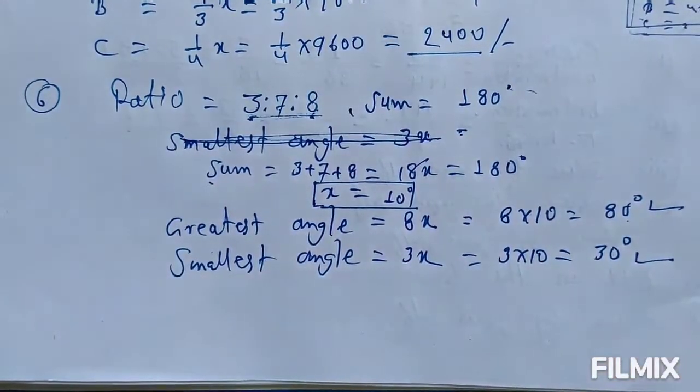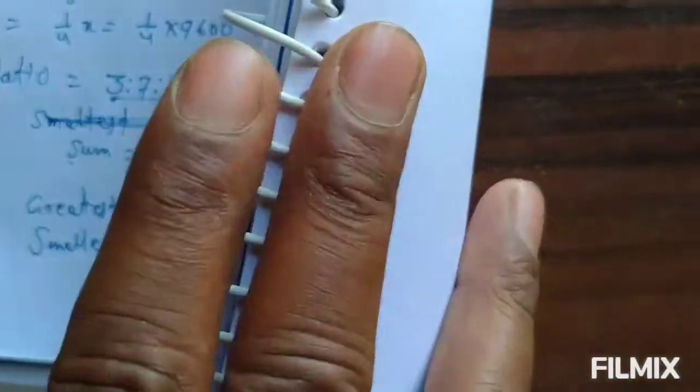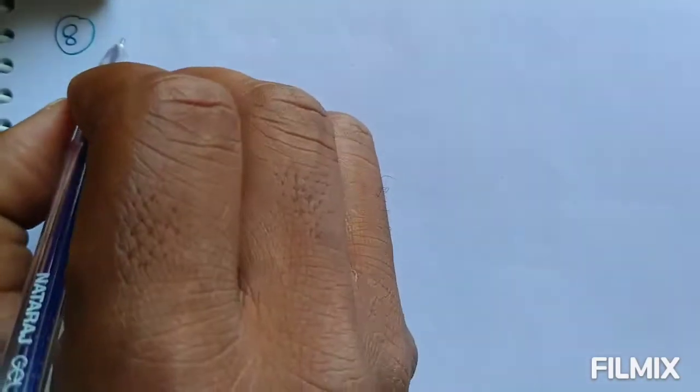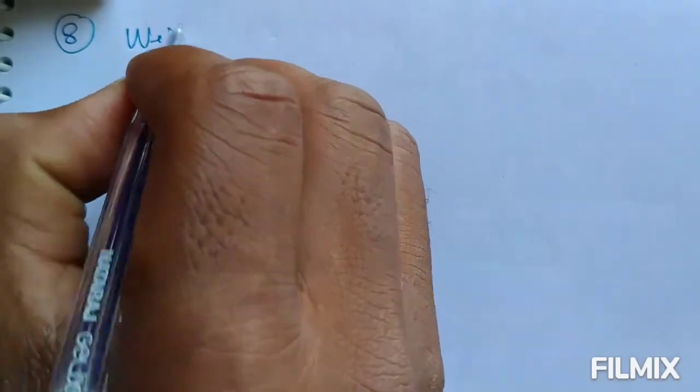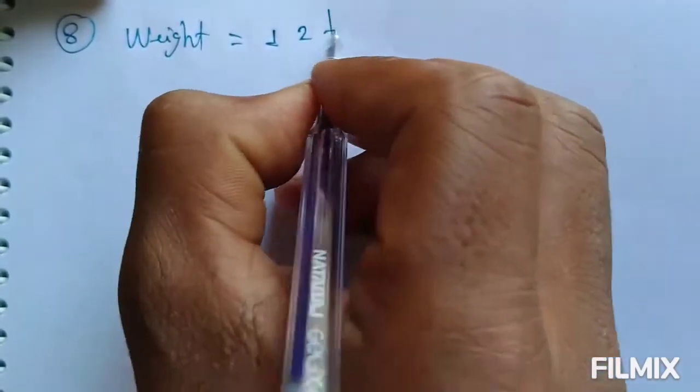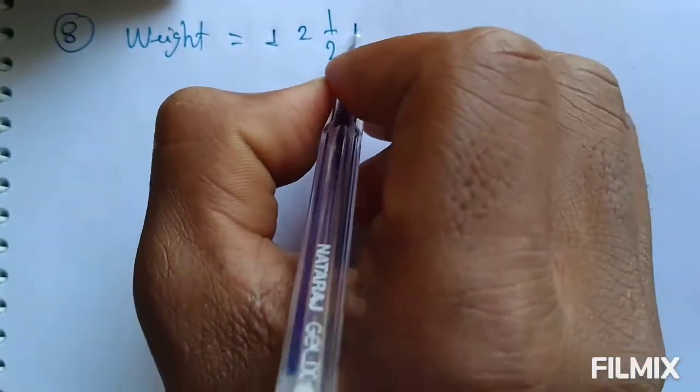Question number 8. The eighth question is, the total weight of an alloy is 12 whole 1/2 kilogram.